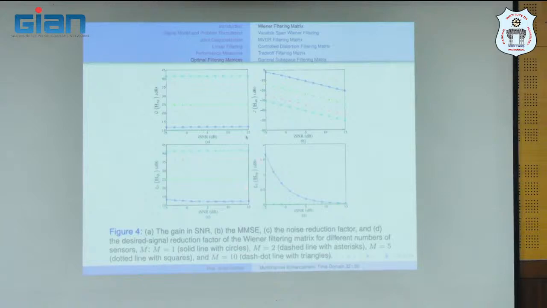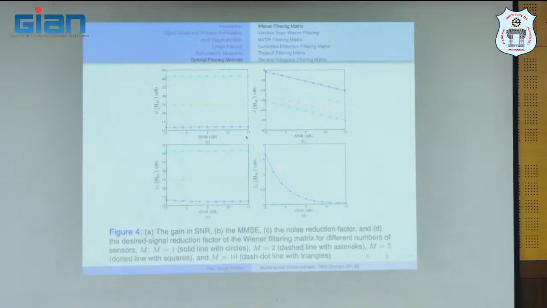Regarding the distortion, you see there is a big jump in the reduction of the distortion when we jump from one sensor to more than one sensor, 2 or more. You see, there is a big jump. Why? Okay?